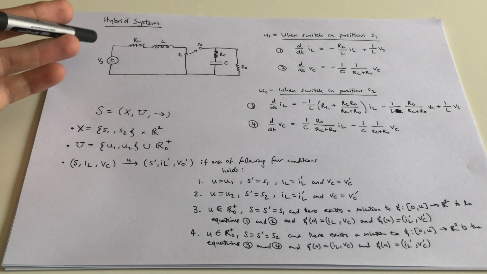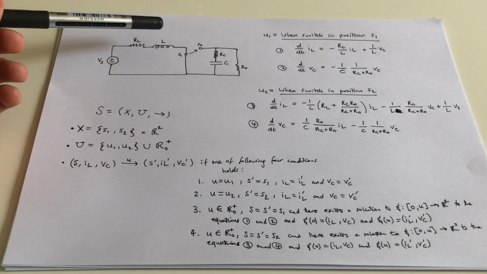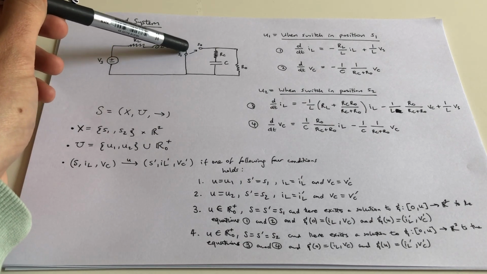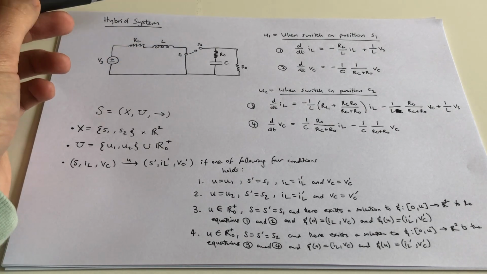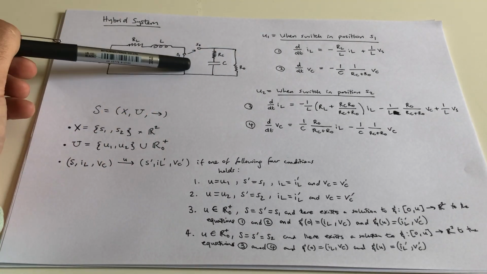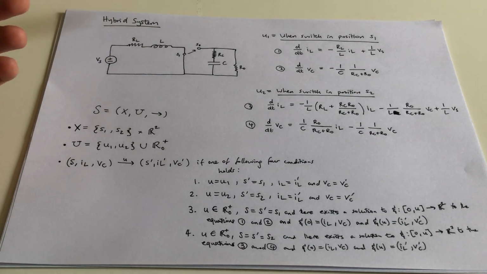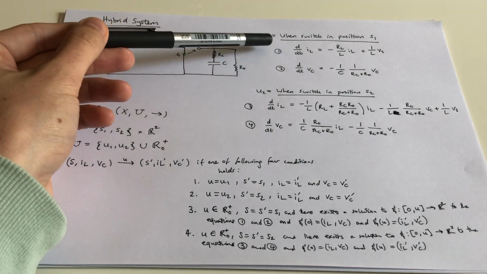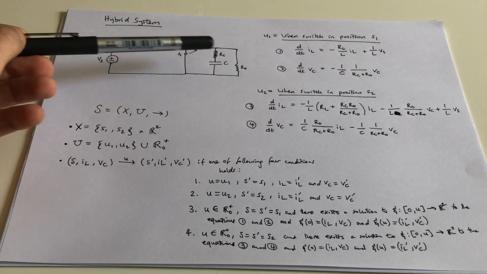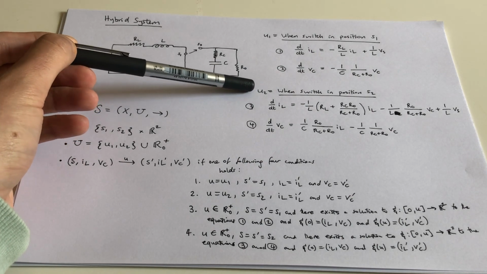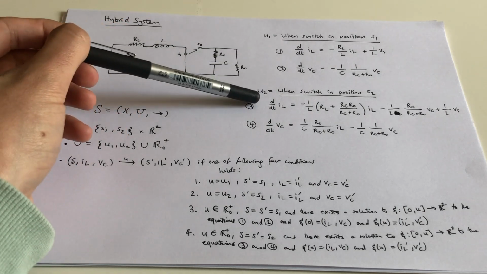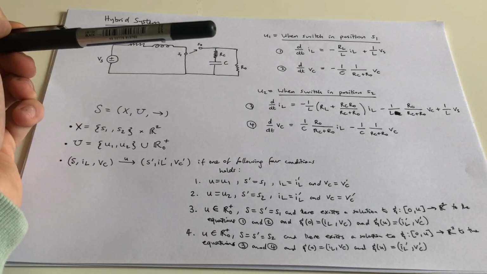So for our hybrid system, the discrete parts of the system are basically the choice when we switch the location of this switch. So when we use input U1, we're going to push the switch into position S1, and the system will behave with these dynamics written here. However, when we give it discrete input U2, then we move the switch into position S2, and then the system will behave in a different way.